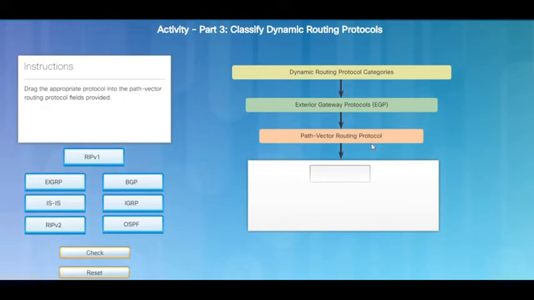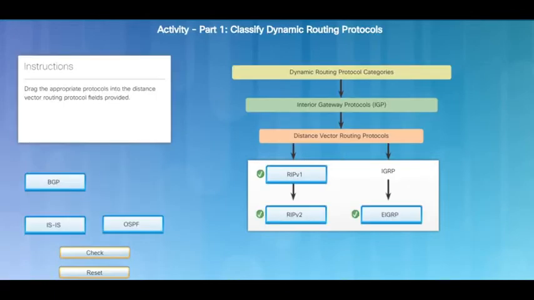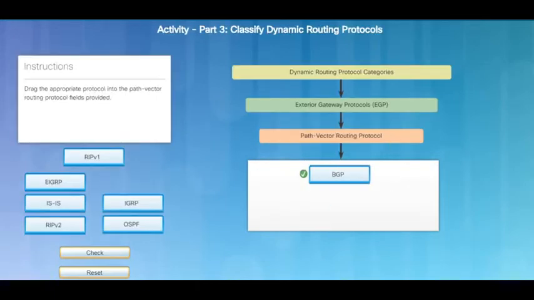We only have one path vector. Correct, we have the BGP or Border Gateway Protocol. We successfully classified the routing protocols according to their category, whether they are link state, distance vector, or path vector routing protocol.